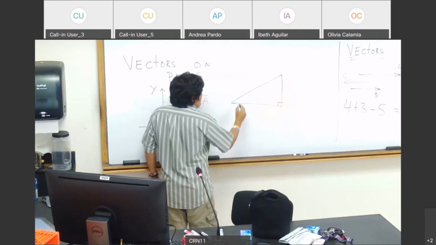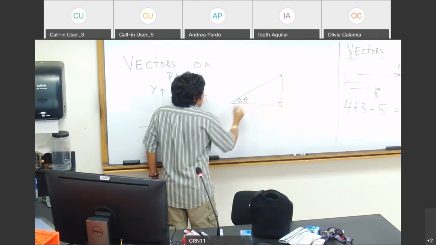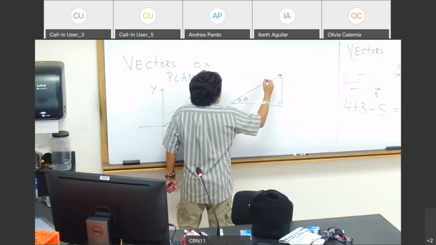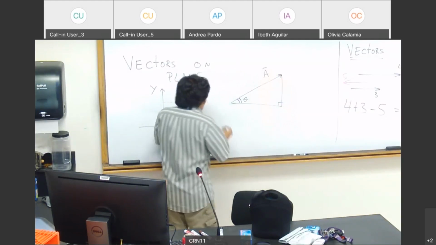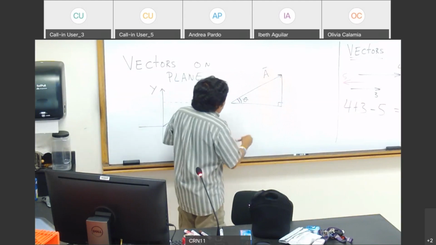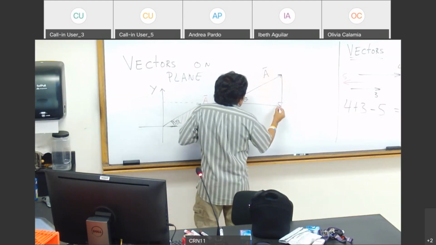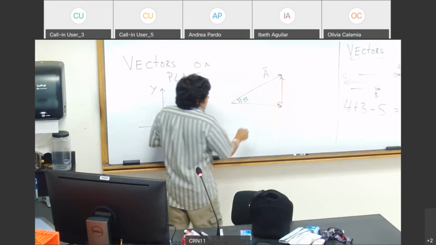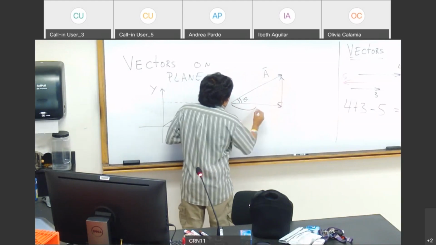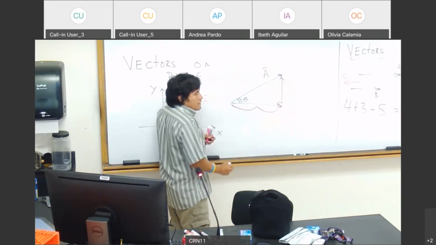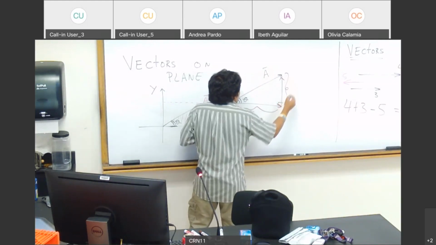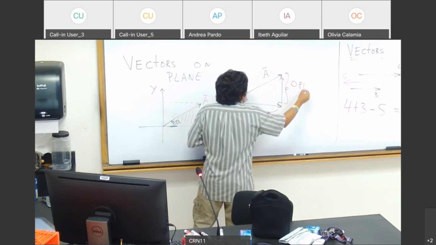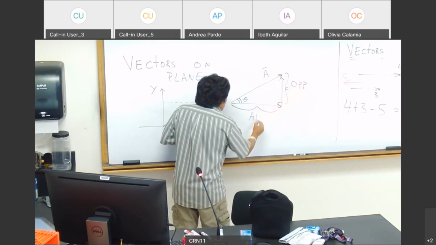That's 90 degrees there. That's the angle theta. And this was the vector A. The way you're going to find this and this is the adjacent to theta. This is the opposite. So you're right here. Opposite, adjacent.